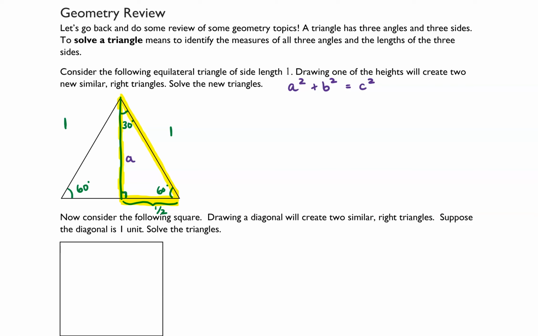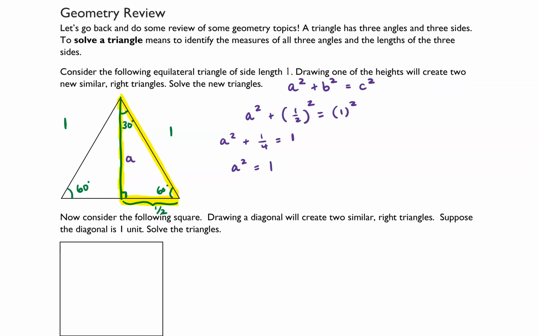So I'm going to fill in these values since we know some of them. I don't know the a squared value, but I know that b is equal to 1/2, and I know that c is equal to 1. So let's go ahead and try to solve this for a now. So I have a squared plus (1/2) squared, which is 1/4, is equal to 1 squared, which is 1. So now I'm going to subtract 1/4 on both sides.